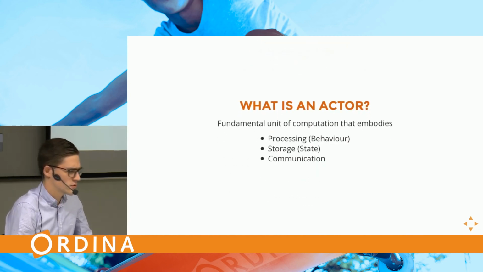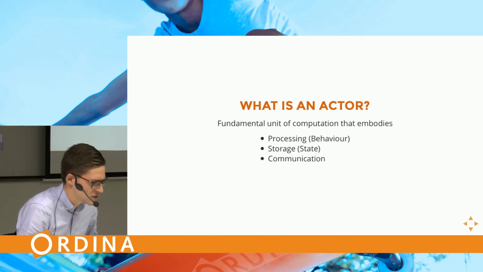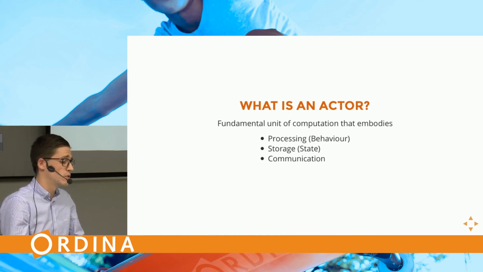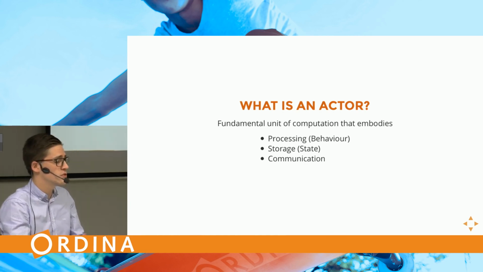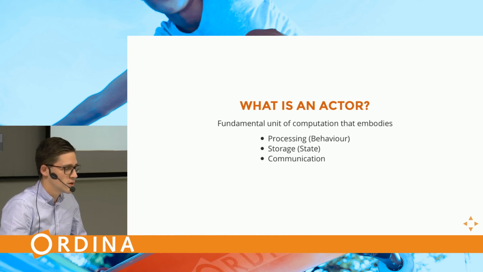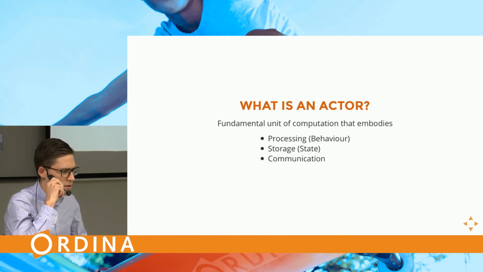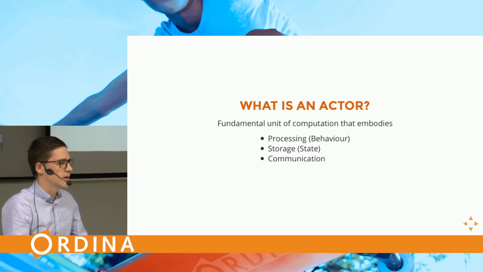As I just mentioned at the start of this section, an actor is a fundamental unit of computation that, according to the definition, should embody processing, storage, and communication. The processing in this case is known as a behavior in Akka. With behavior, we mean that an actor can change behavior at runtime.